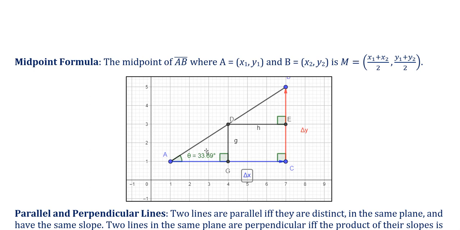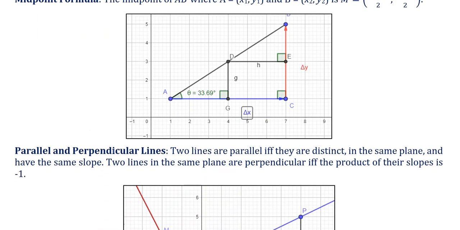And we can prove these triangles are congruent. So this distance here and this distance here are the same, so the x coordinate has to be halfway between. And then similarly, this distance from G up to the midpoint and from E up to whatever B, those have to be the same distance, so that has to be halfway in between there. Okay, so you can see that that has to work out.